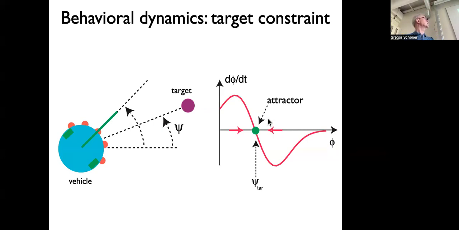And when you have a zero crossing, you have a fixed point, a constant solution of the dynamical system. And when the dynamical system has a negative slope as it goes through that fixed point, you have an attractor. You learned that last week. That is, if you're to the right, you have a negative rate of change, that is, next moment it's going to decrease. Moving to the left, you have a positive rate of change, so it will increase your heading, you go there.